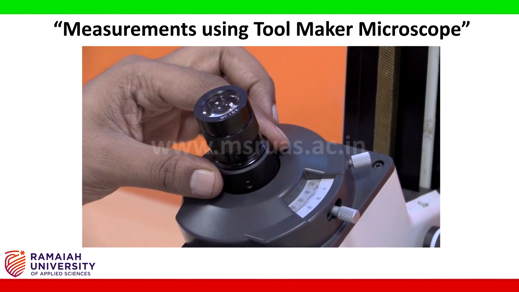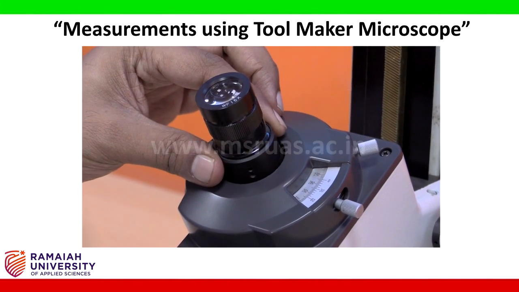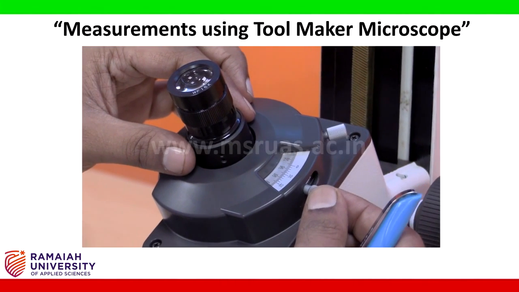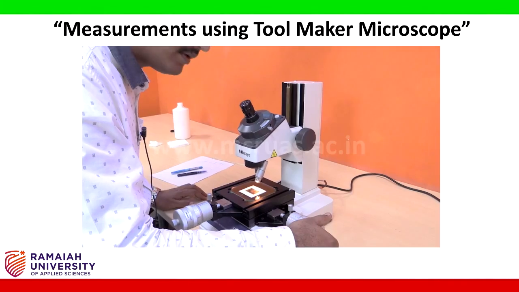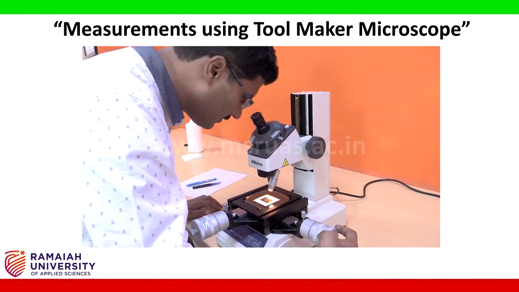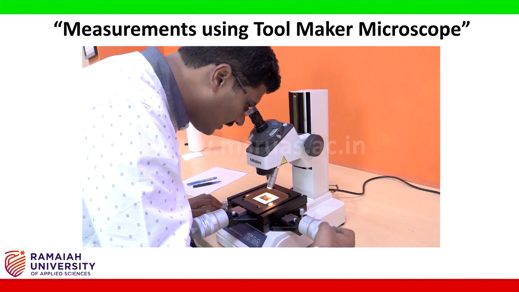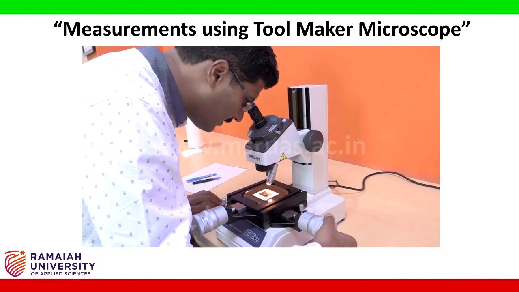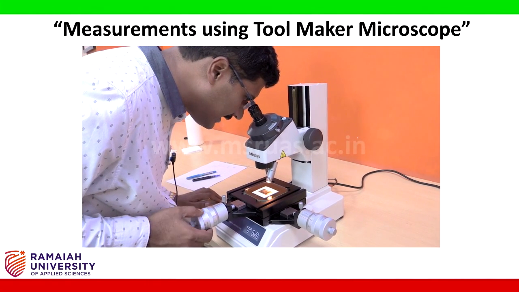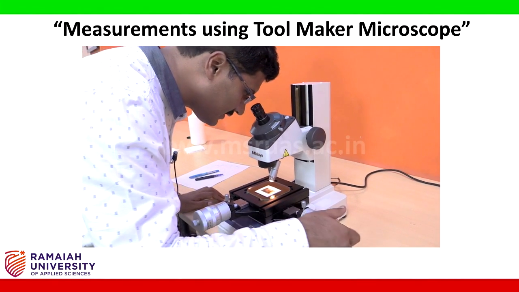The least count of the angle scale is 1 degree. The least count of the vernier scale is 6 minutes. Now I am moving the x-axis, y-axis for aligning one of the surfaces to the crosshair.